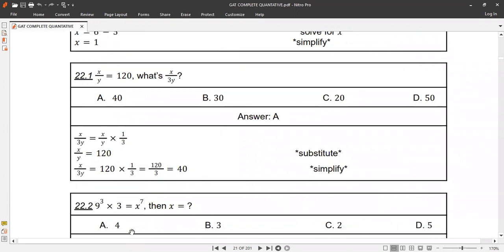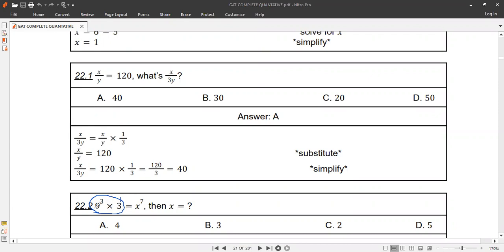Here we can try the options. First step, look at the first part. X power 3 multiply 3 power 1. 9 power 3, I'm sorry.